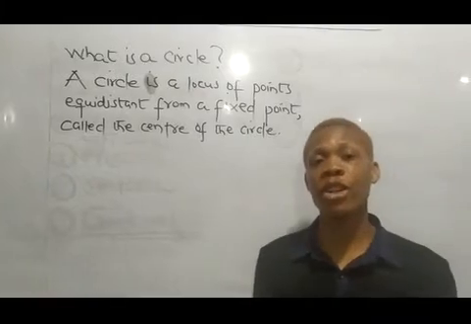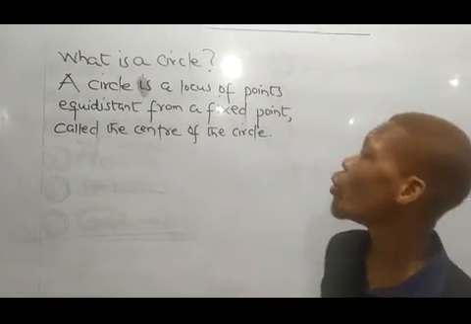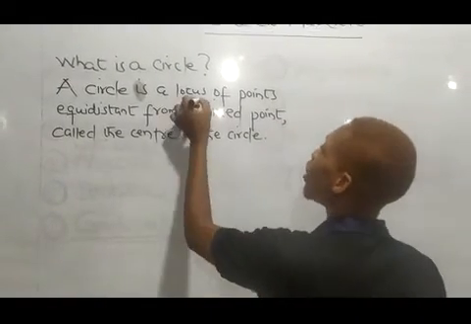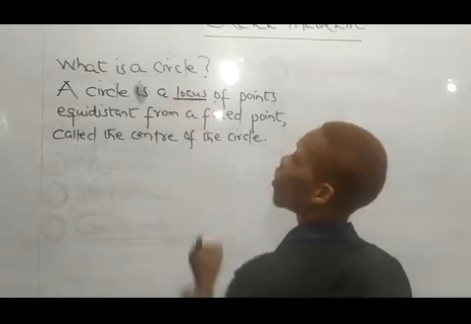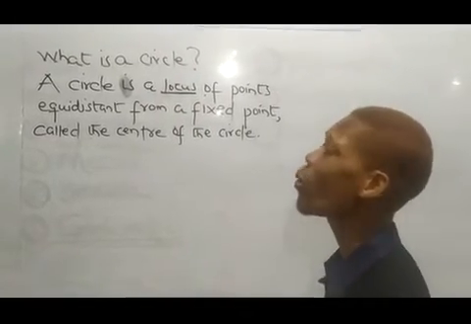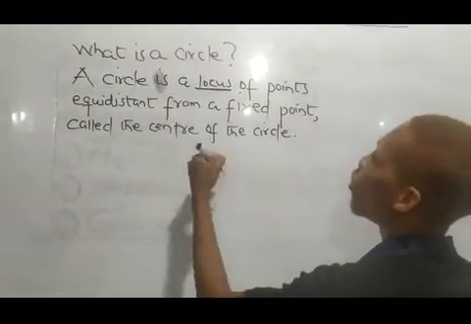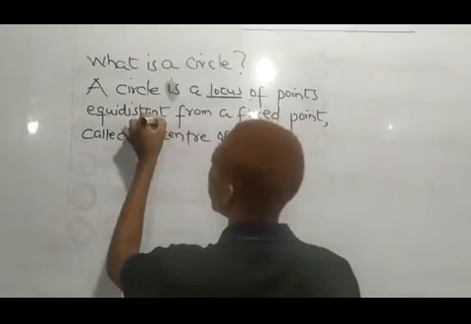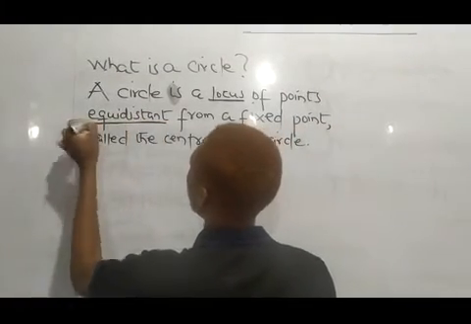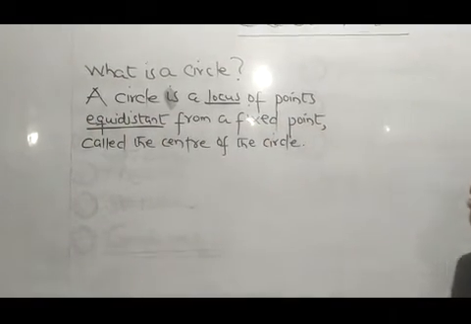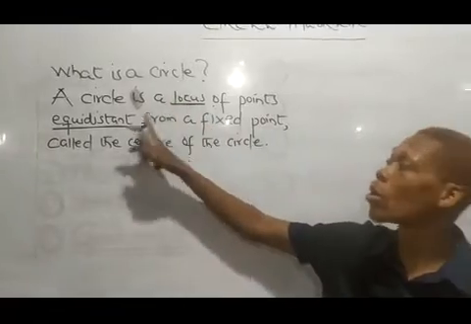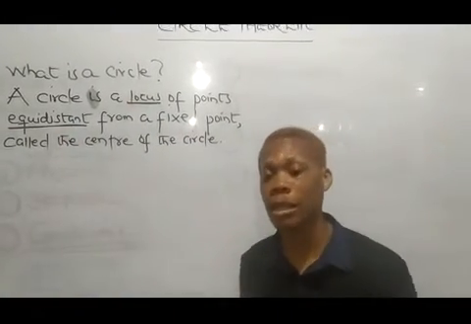So from our definition, you realize that we say a circle is a locus of points which is equidistant from a fixed point. You need to understand these two technical terms, a locus and then equidistant.